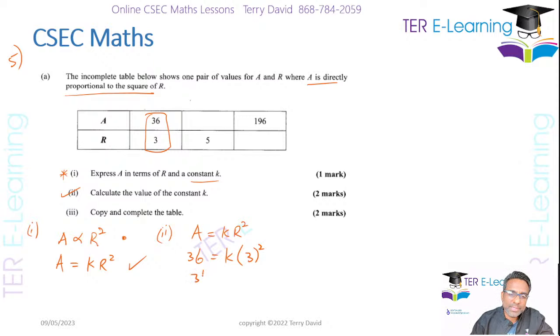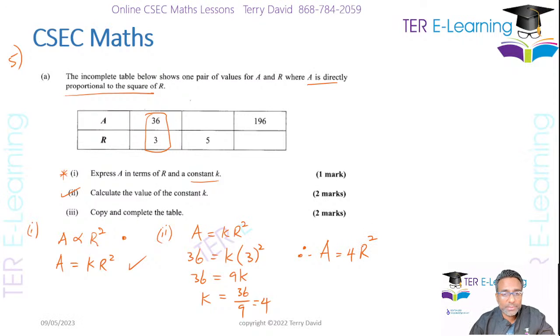So 36 is equal to 9K. Therefore K is 36 over 9, so this is 4. Once you know what K is, you know exactly what the formula is. So the formula is A is equal to 4R squared.